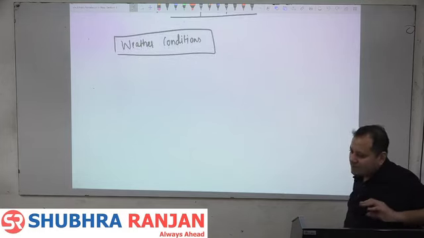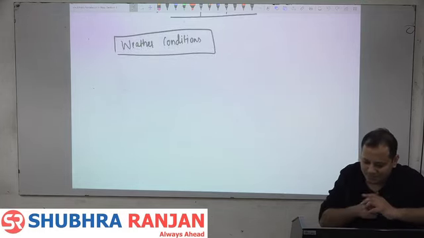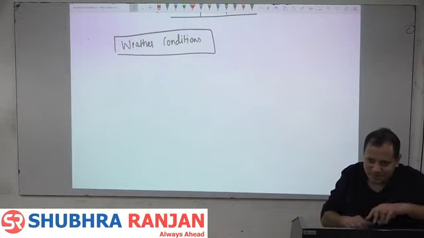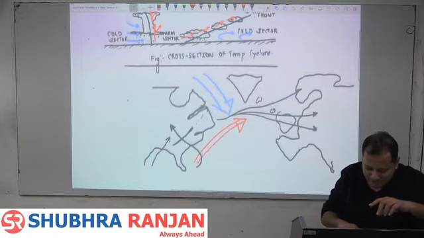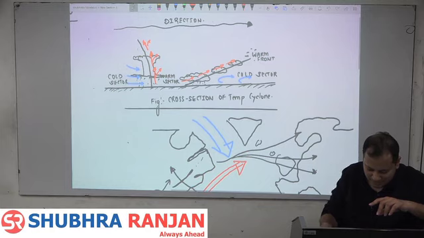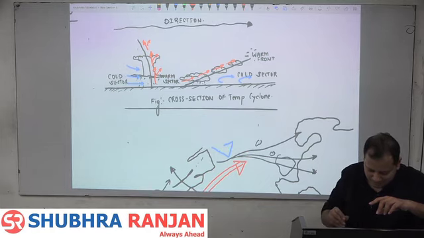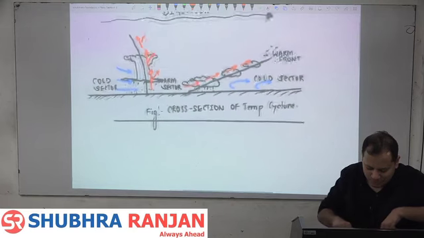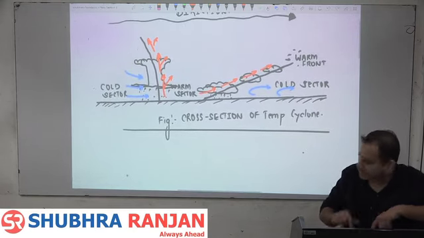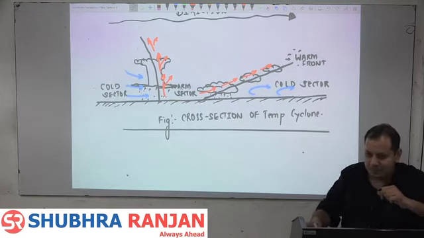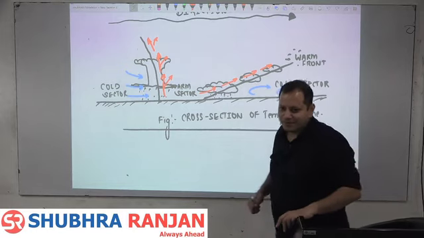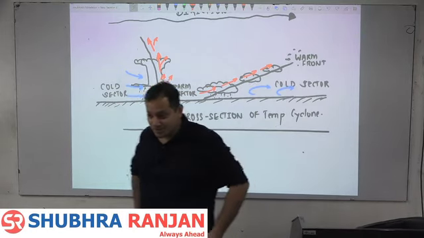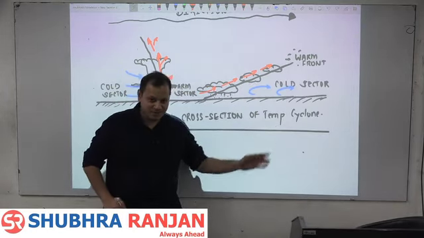Weather conditions of temperate cyclone. So tell me how we are going to write an answer on weather conditions of temperate cyclone. Just understand this diagram, you already know the weather conditions. In which direction is it moving? Eastwards. West to east.